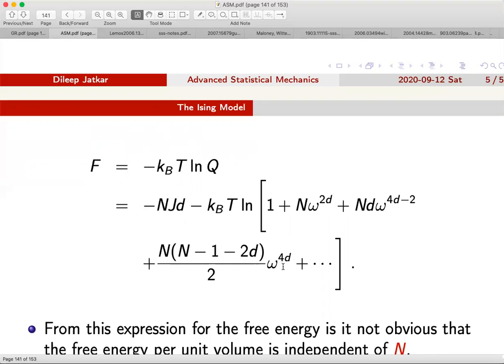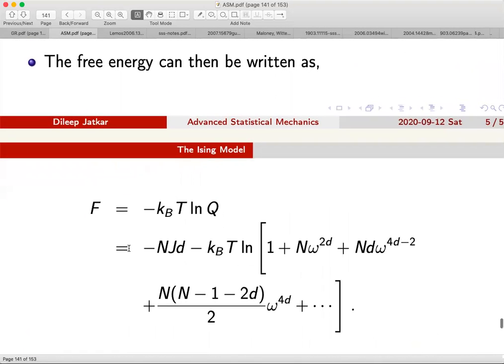Now remember that this is the total free energy of the system. But what we want to check is the free energy density, that means free energy divided by N, which is the free energy per unit spin or per site. That would require us to divide this free energy by N. Now that division is easy here.